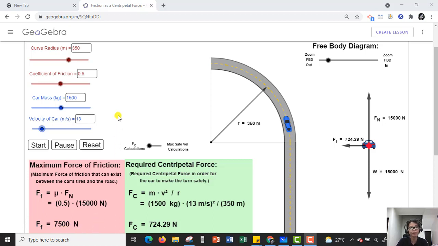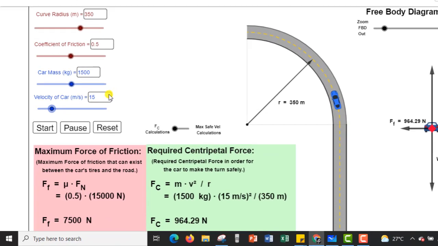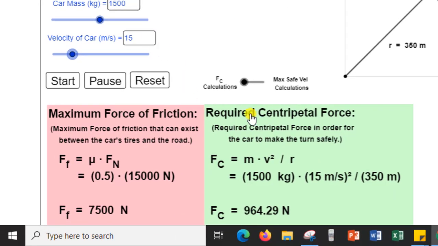And then the car has a mass of 1,500, and let's say I set the speed of the car at 15 meter per second. So I can calculate the required centripetal force in order for the car to make the turn safely. So berapa besar centripetal force yang diperlukan untuk lakukan circular motion? So Fc is mv squared over r.